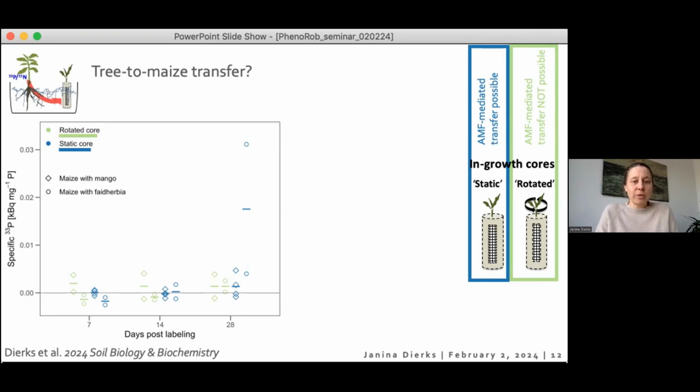The blue shapes, on the other hand, represent maize grown in static cores, and as such, show nutrient transfer mediated by mycorrhizal fungi. You can see that there's no difference in the amount of 33P obtained by maize grown in the rotated cores, the green, and the static cores. So these results provide no evidence for a tree to maize nutrient transfer mediated by mycorrhizal fungi.